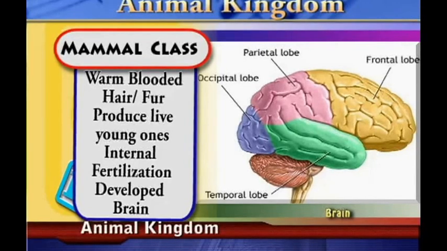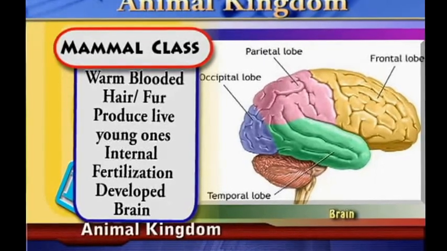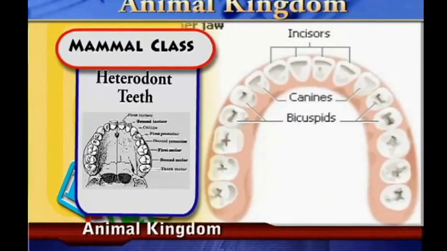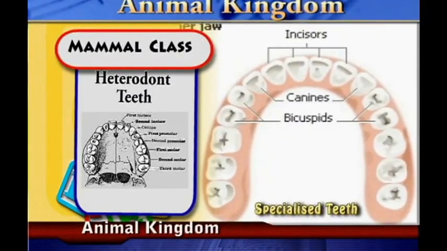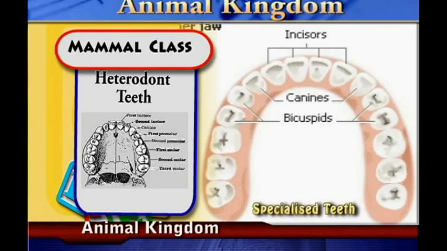And they also have heterodont teeth. All organisms found in the mammal class have what we call heterodont teeth. Those are teeth which are specialized, of different types and different functions.